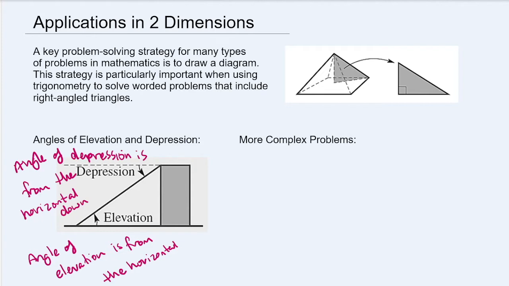If we are going to solve some slightly more complex problems in terms of 2-dimensional applications of trigonometry, some things that you need to think about: you need to visualize or draw a diagram.